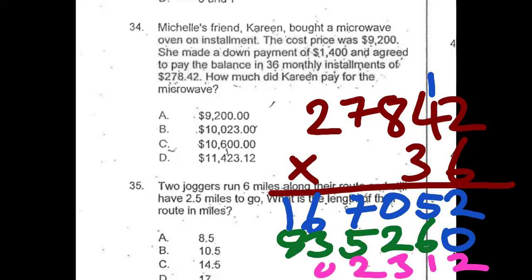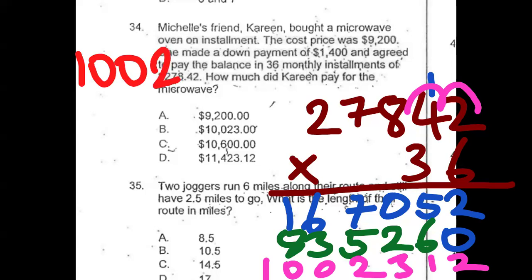This is going to be 0 carry on 1, 0 carry on 1. Okay. So if we jump back by 2, 1, 2, we're going to have 10,023 point. So let's write it 1, 0, 0, 2, 3.